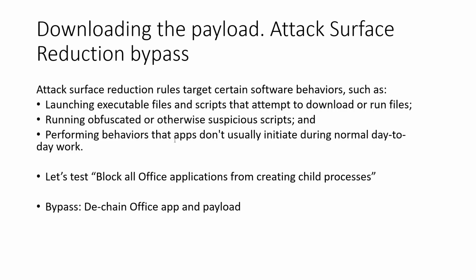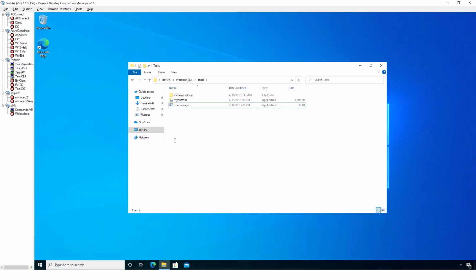Office must create a new process that will not be a child. Let's take a look first at how child and parent look, and then we will try to run my payload.